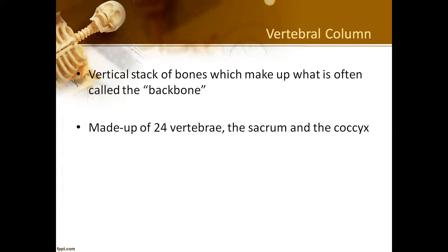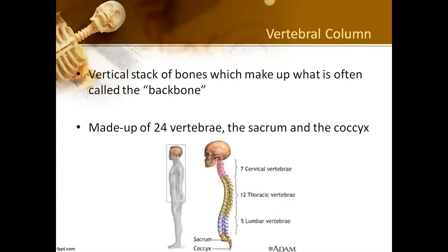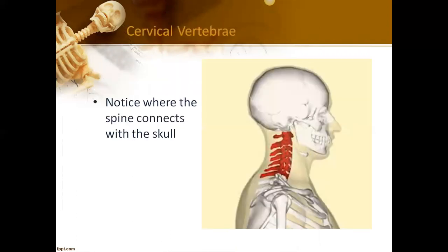It's made up of 24 vertebrae plus the sacrum and the coccyx. So here's a picture of the vertebrae, and you can see it's divided into 3 sections: the cervical vertebrae, the thoracic vertebrae, and the lumbar vertebrae. And at the bottom, you can see the sacrum and the coccyx, and these are typically called your tailbone.